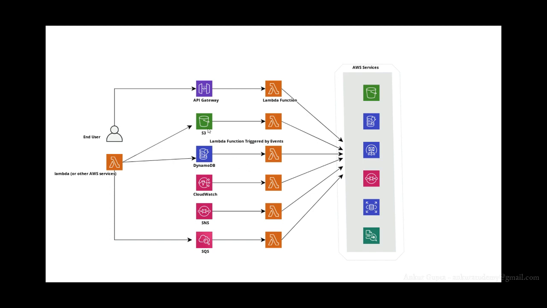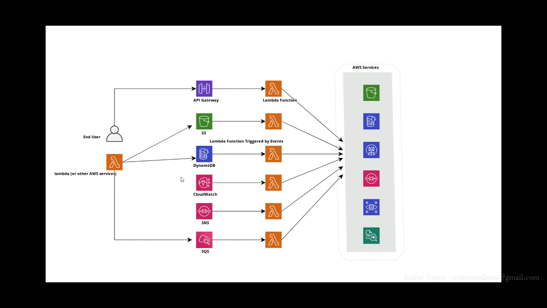Like for example, if an event is getting triggered through an API Gateway, then you might get some path parameters or query parameters or some POST body that the Lambda function will receive as event data. It can act on that data and then further process the data and probably make an entry in SQL DB or a DynamoDB, or trigger another Lambda function, or make some entry in S3 bucket.